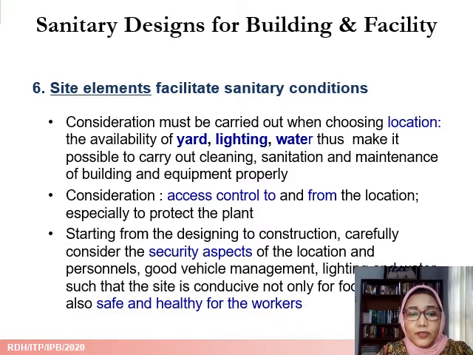They have to make a consideration in terms of access control to and from the location, and starting from the design of the construction, carefully consider the security aspect of the location and personnel, good vehicle management, and lighting, such that the site is conducive not only for food safety, but also for the safety and health of the worker.